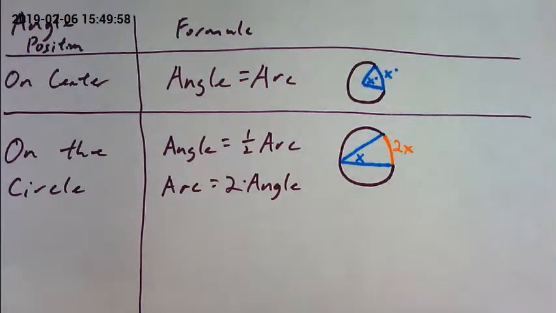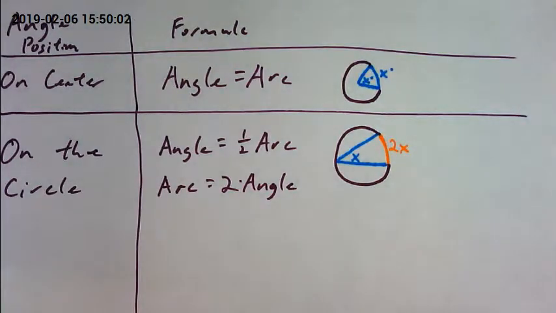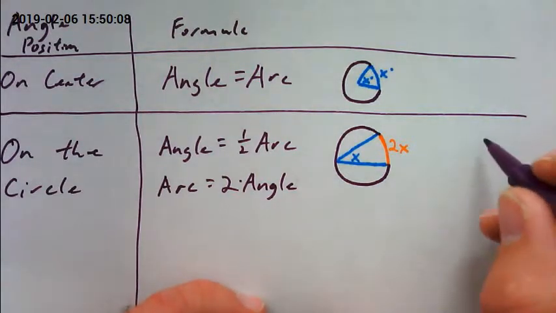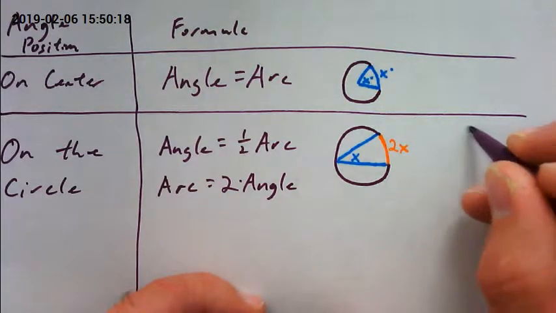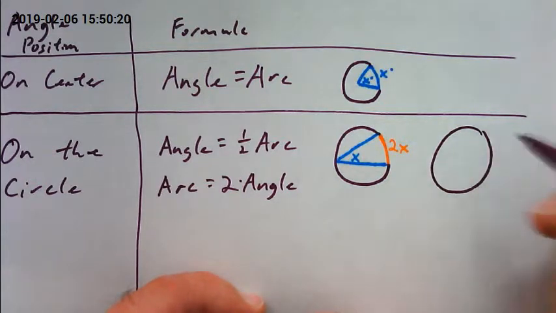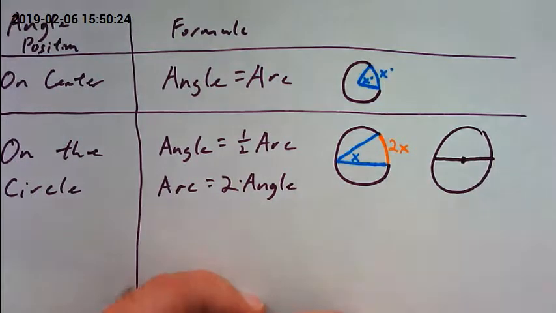Now, this is an example of an inscribed angle, but it's for any angle that's on a circle. So you could even talk about one of the other properties that we had with an inscribed angle, where you have an angle inscribed into a semicircle. It's still an angle that's on the circle. So let me draw a circle, and then I'm going to draw the diameter, so it's going through the center.